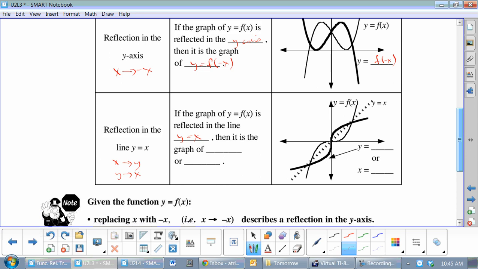So that is a graph of x equals f of y or y equals f of negative 1x. And I guess we can just write that one more time. X equals f of negative 1x or x equals f of y.